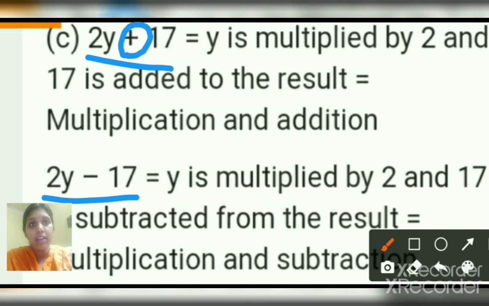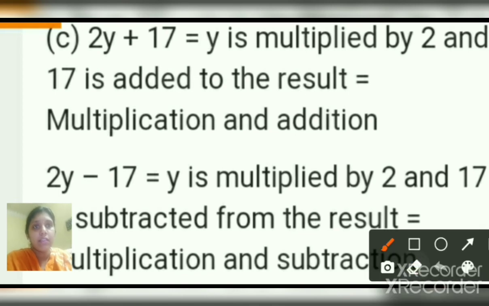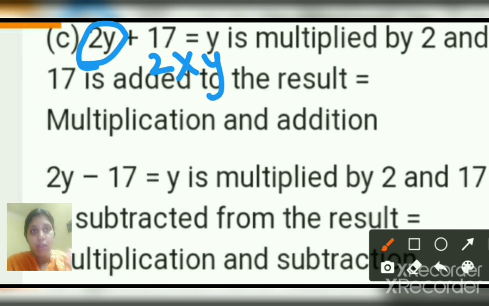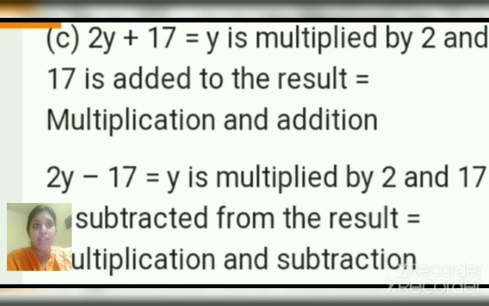And 2y means 2 into y, so we have multiplication also. So two operations we have, multiplication and addition. Now how can we tell how the expression has been formed?